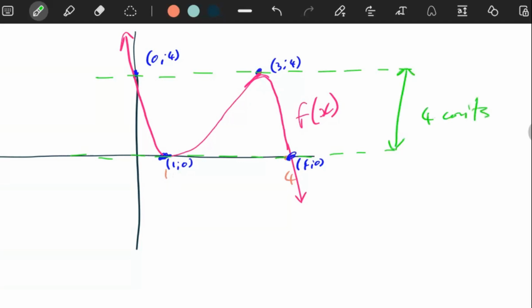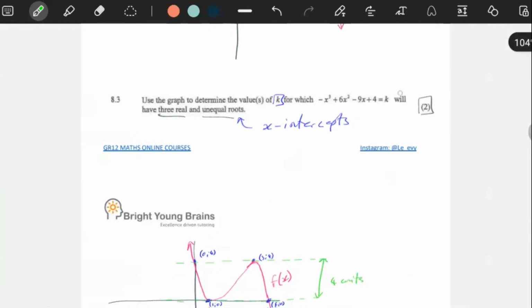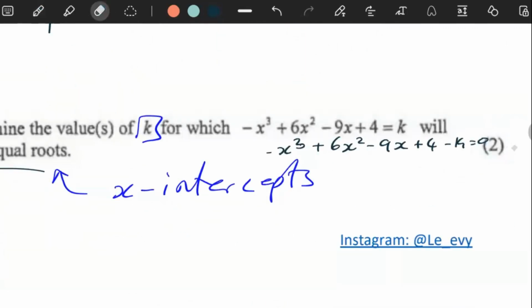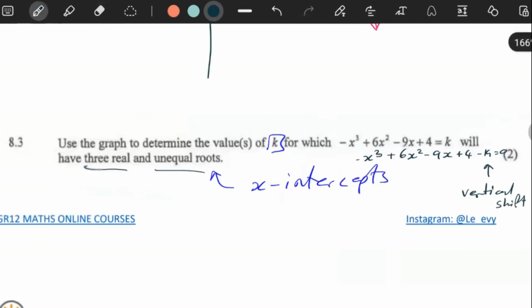So automatically, if you look at the question, the value of k, right, if you move k to the left, you're going to have negative x cubed plus 6x squared minus 9x plus 4 minus k equal to 0. So with that being given, you should already see that k is a vertical shift. You see, k just moves the graph up or down.